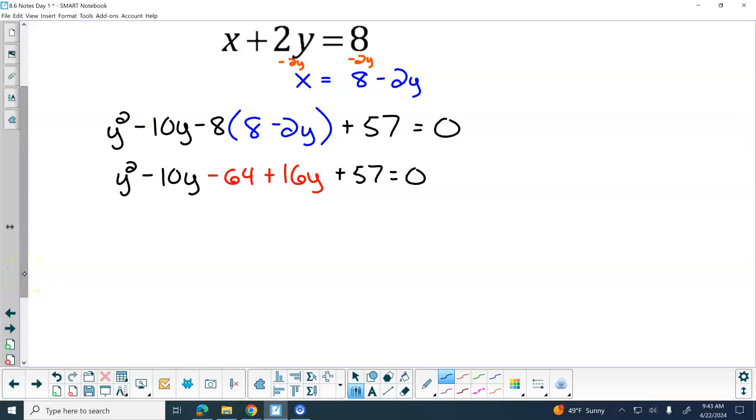All of that simplifies down to be y squared plus 6y minus 7. Which then is factorable.